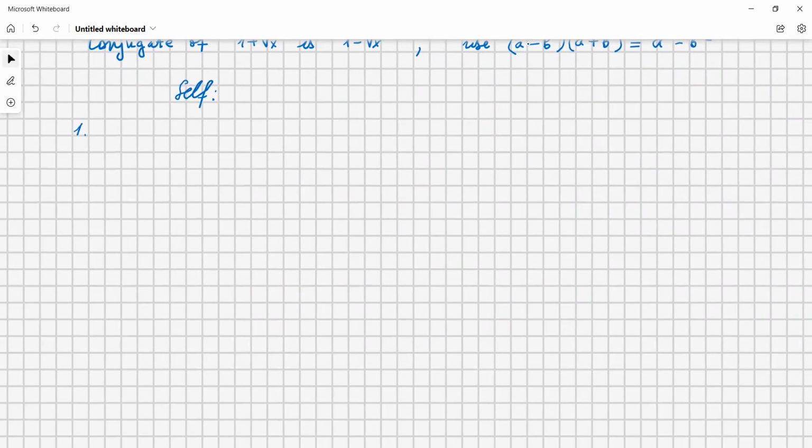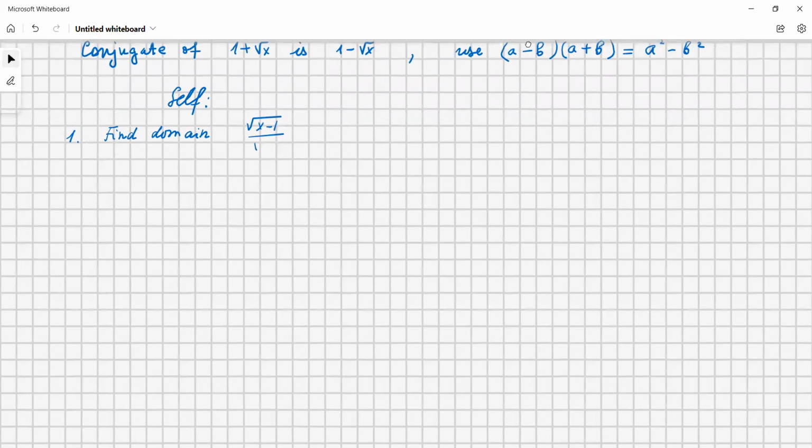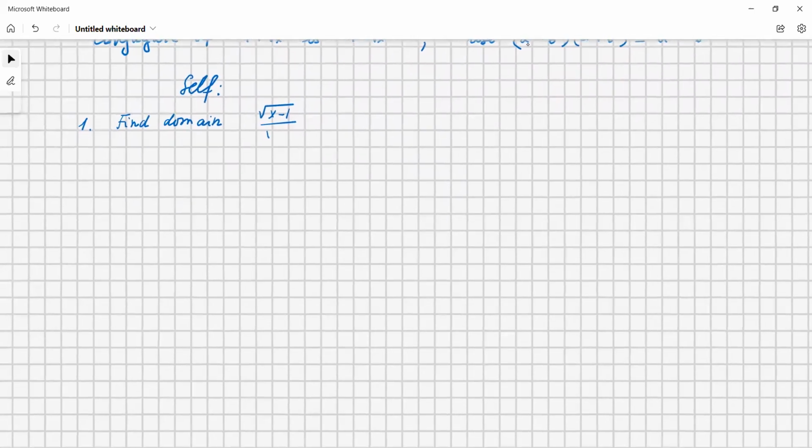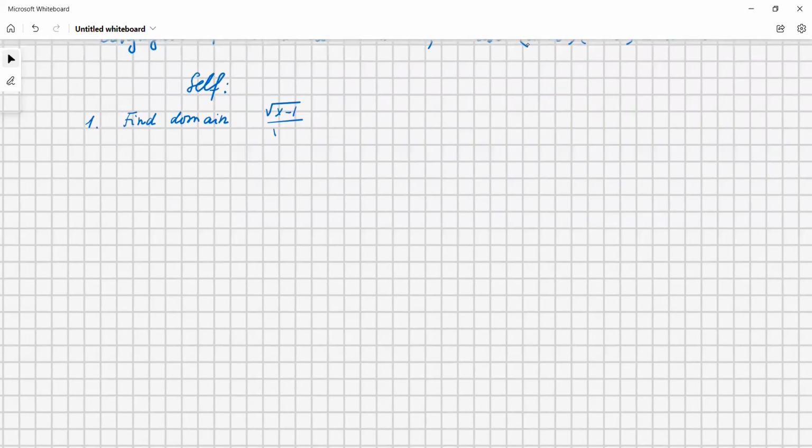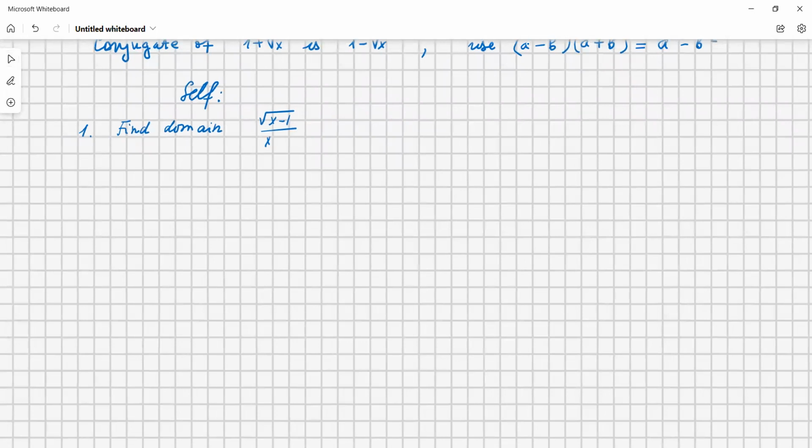Problem 1. Find the domain. And the fraction is the square root of x minus 1 over x plus 3.